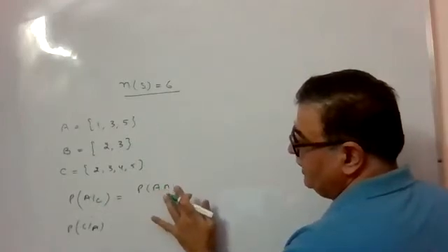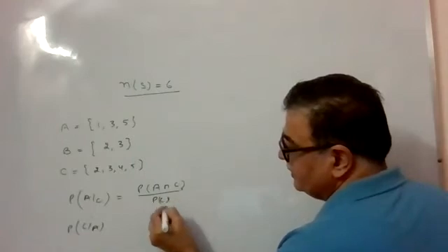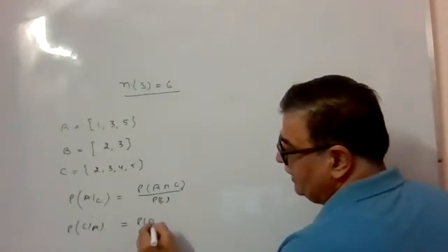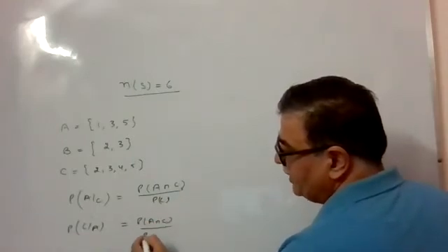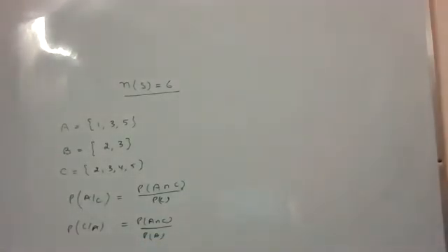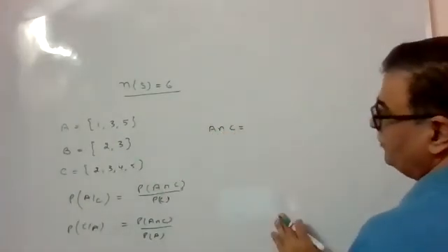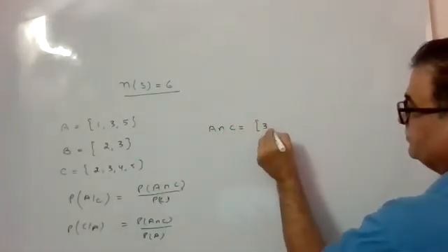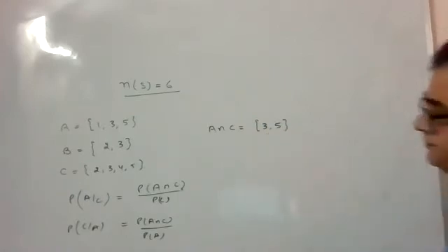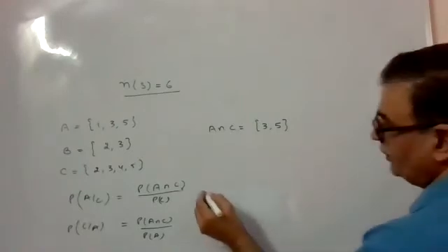ये आएगा P(A intersection C) by P(C) और यहाँ क्या आएगा P(A intersection C) by P(A). फॉर्मूले तो यही रहेंगे. I go for A intersection C. These two. What is common? 3, 5. Then what this will come?